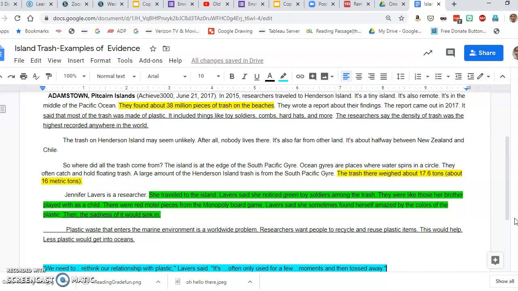So you would take this information and copy it into your notebook, organize it in the section called evidence, and then later you'll use it when you're writing the body of your paragraph. Maybe you will use all of these points, maybe you won't. But at the moment we're collecting and we'll see what we use when we begin to write.